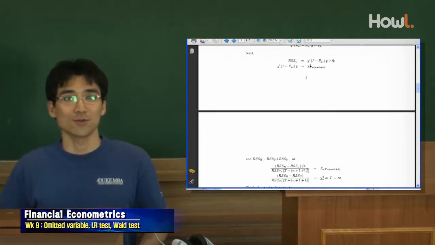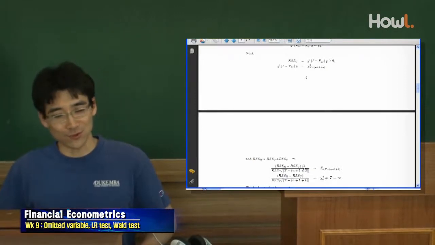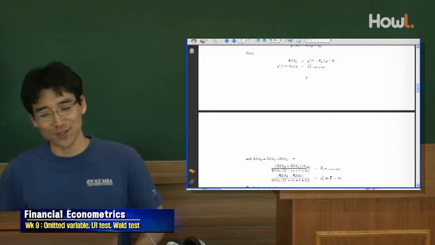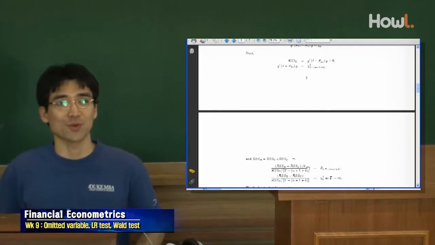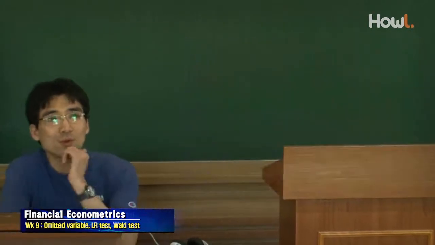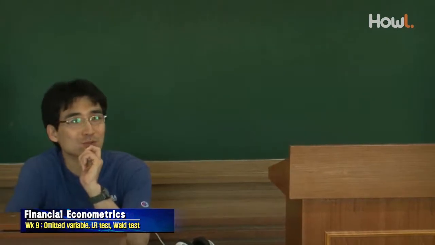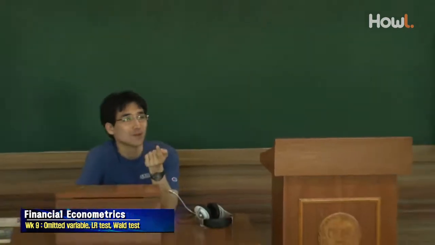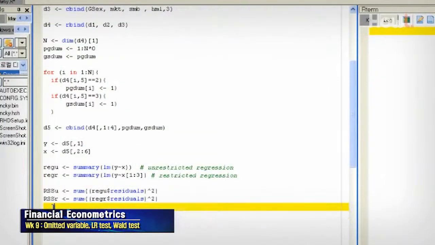Number of dummy variables. That is true in this case, but K is actually the number of restrictions. In our case we impose that the coefficient for every dummy is 0, so K coincidentally equals the number of dummies. So K is 2, the number of restrictions.